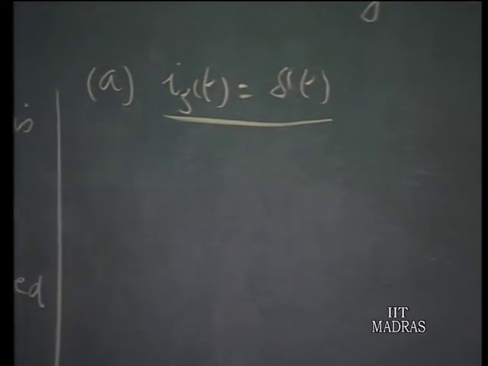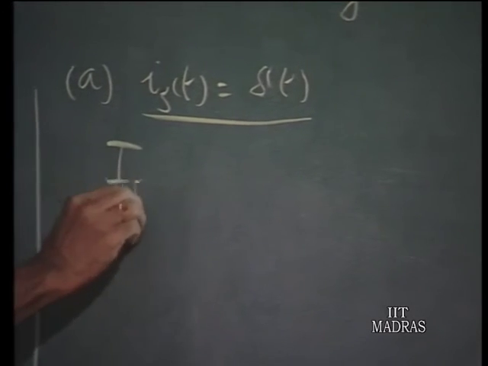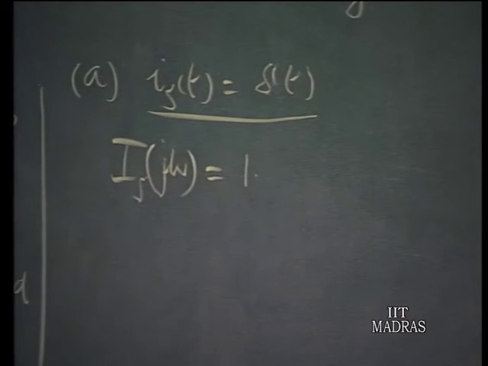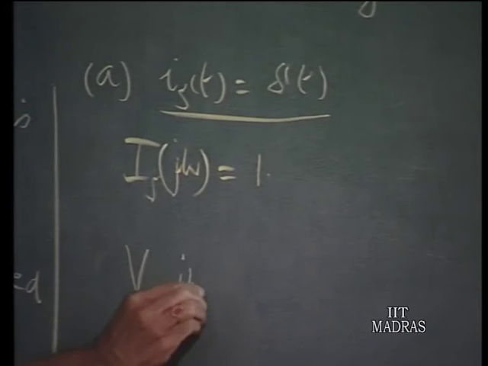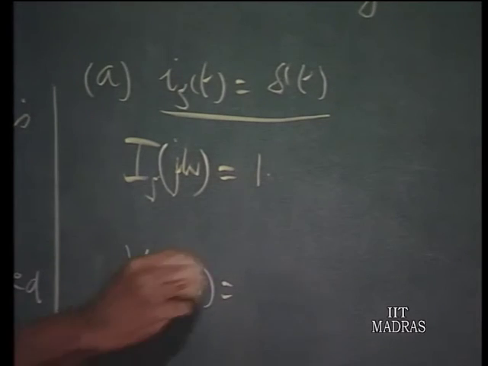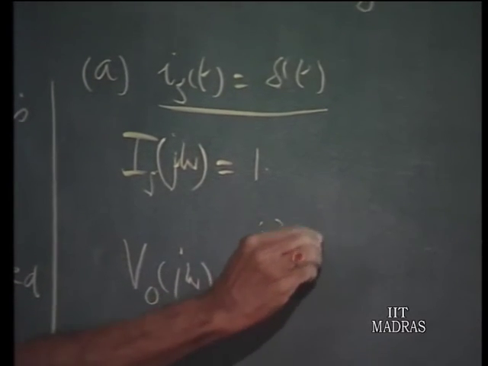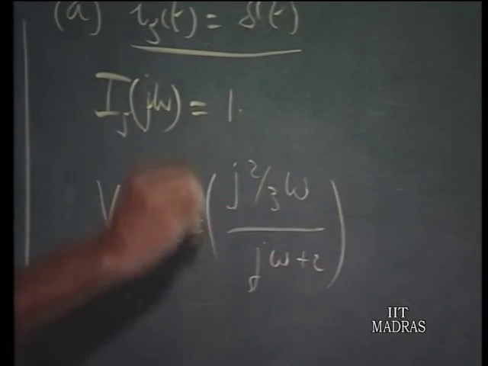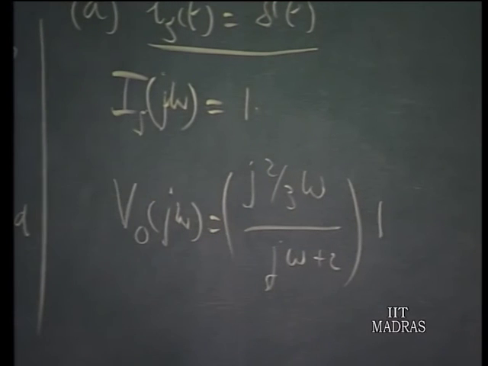Then the input is an impulse function, therefore, the Fourier transform of the input equals 1. Therefore, the output Fourier transform V naught of j omega equals the system function, which is equal to j 2 by 3 omega over j omega plus 2 times the input Fourier transform, which is equal to 1.